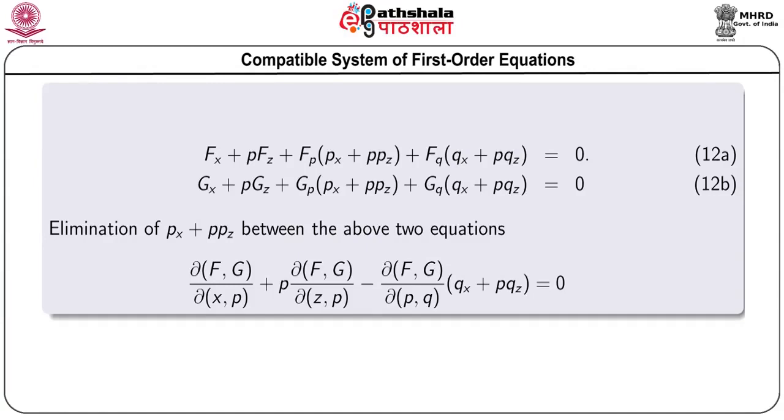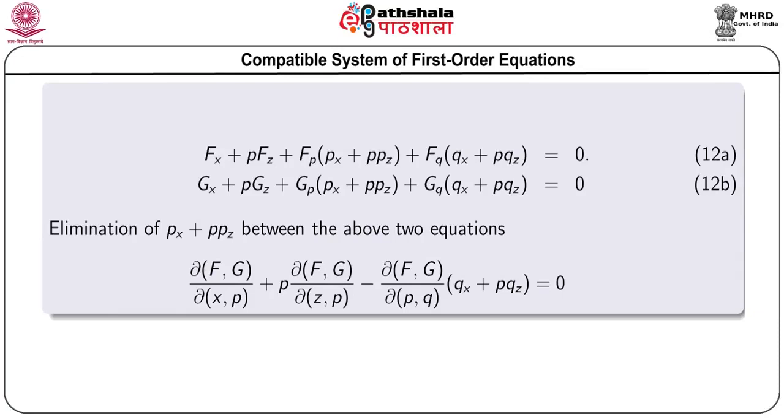Now, if we eliminate Px plus P Pz from equations 14a and 14b, we will get a relation: del (F,G) del (X,p) plus P del (F,G) del (Z,p) minus del (F,G) del (P,q) into Qx plus P Qz equals 0.